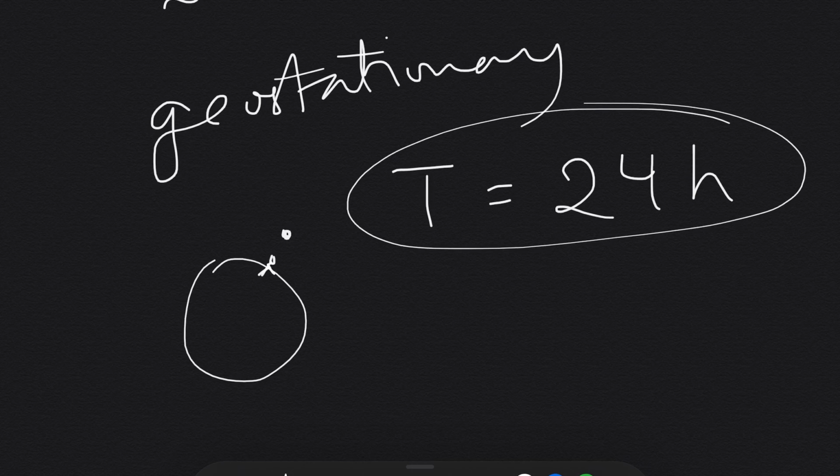Because they're probably going to ask you to calculate the velocity or something, and they're not going to tell you the time period is 24 hours. That's something you're going to have to know from the fact that it's geostationary. So they'll tell you it's geostationary, and they might tell you to calculate something, and they won't tell you the time period is 24 hours. That's something you're going to have to know by the definition of what a geostationary satellite is.